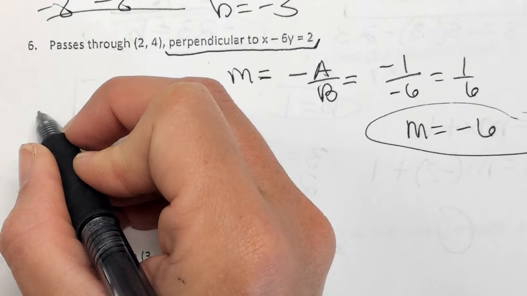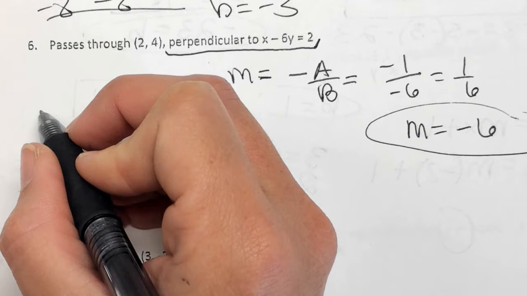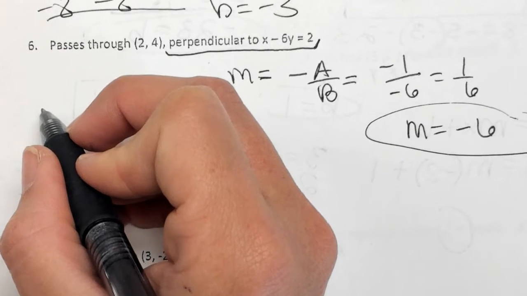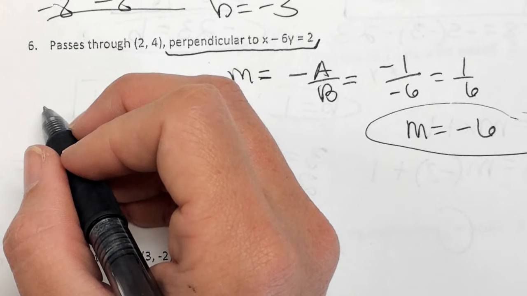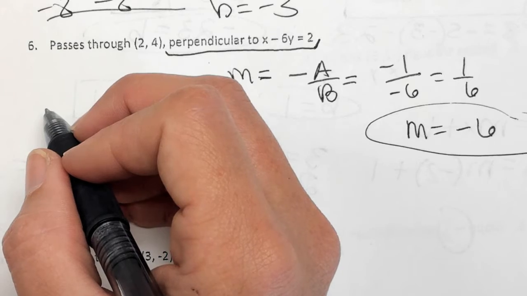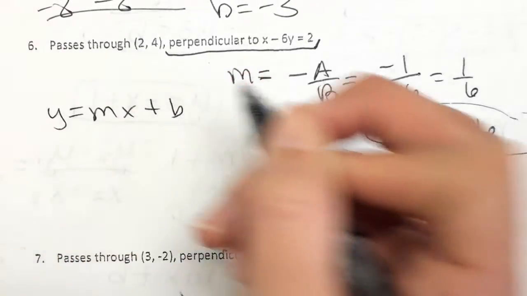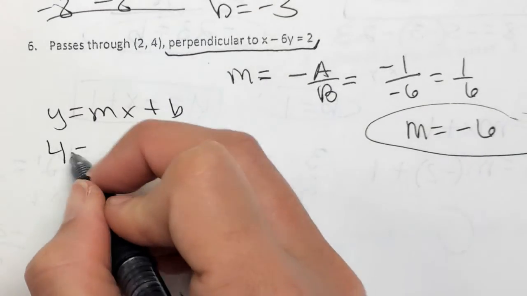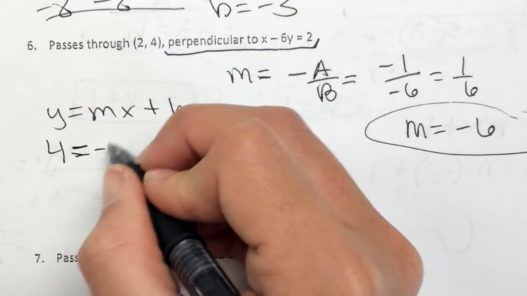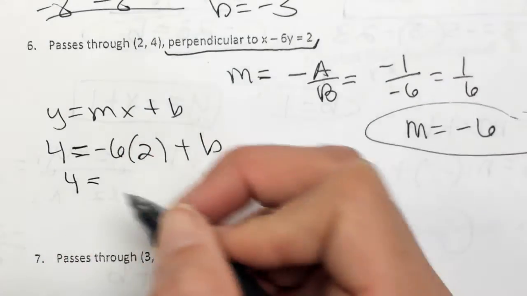Y-intercept. Yeah, to find our y-intercept, what formula do we use? You know this. Yeah, now tell me what to plug in for y. 4. For m? Negative 6. For x? 2. So we would get 4 equals what?